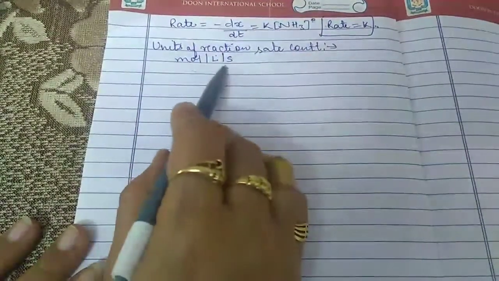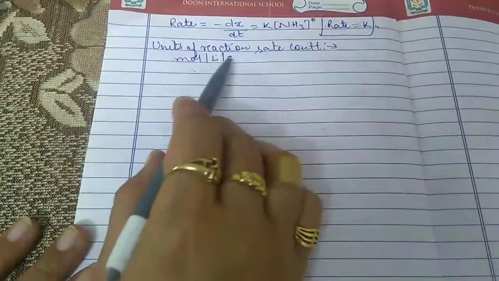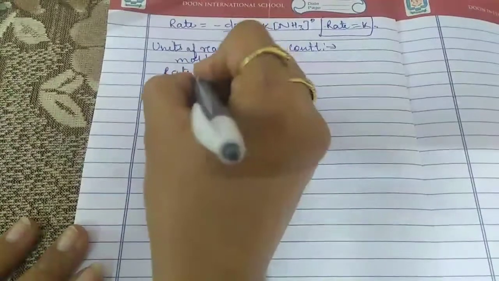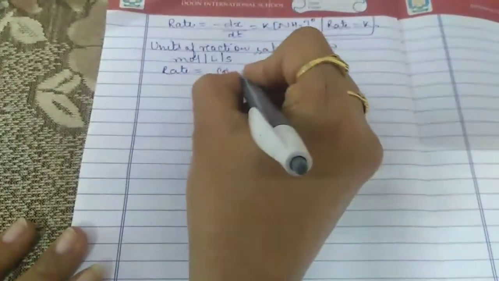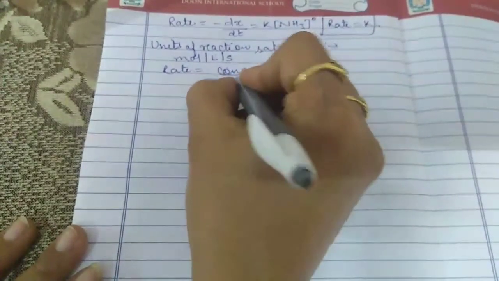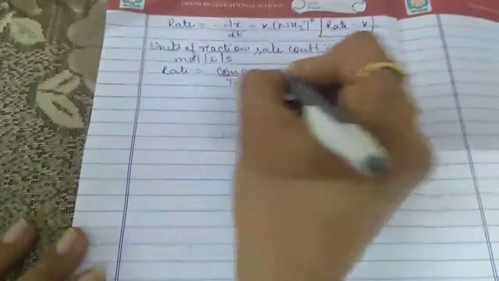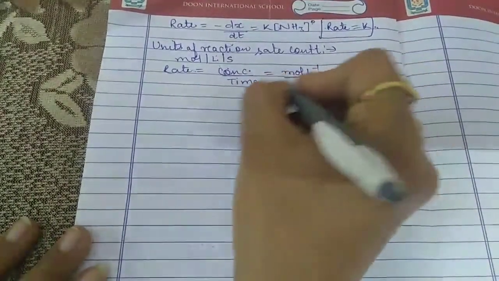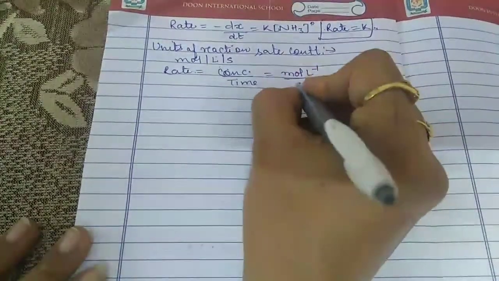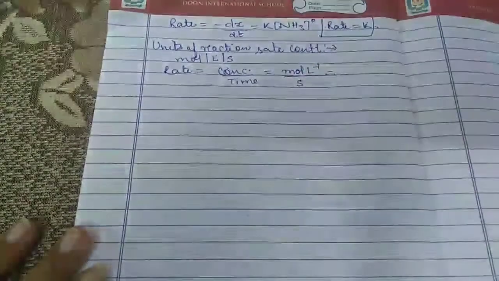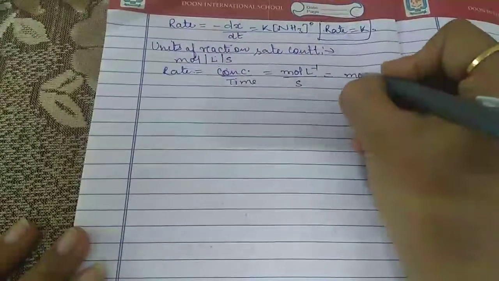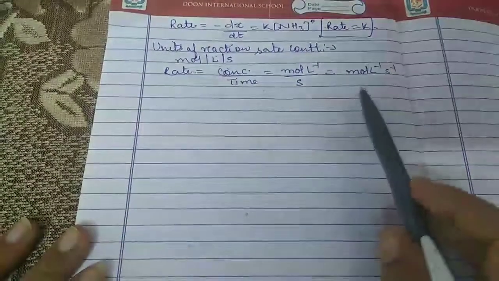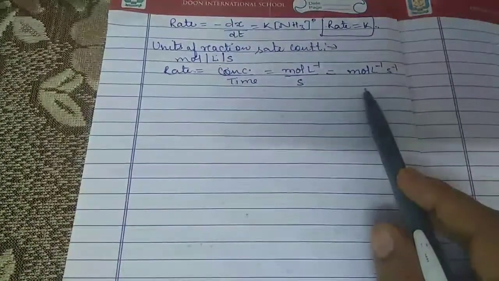How? Rate is equal to change in concentration with time, and we know that the unit of concentration is mole per liter and the unit of time is second. So mole per liter per second is the unit for the reaction rate.